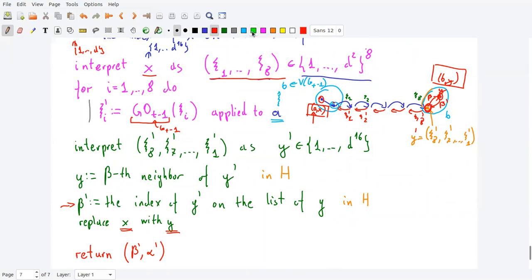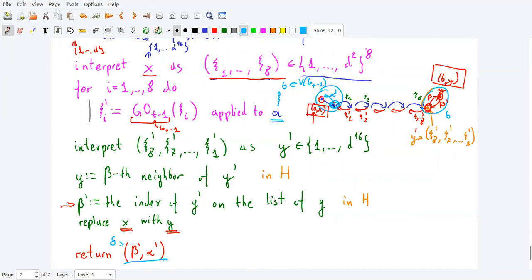Then once I am back in the cloud of A, the index alpha prime tells me how I should get to A comma X. So the delta that I return is B prime comma Y, alpha prime, beta prime comma alpha prime.